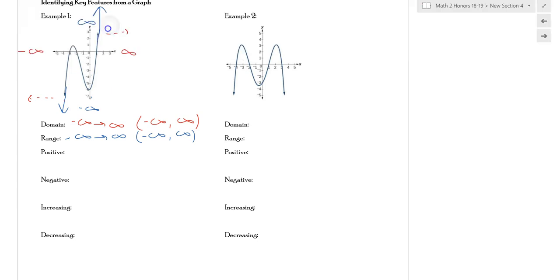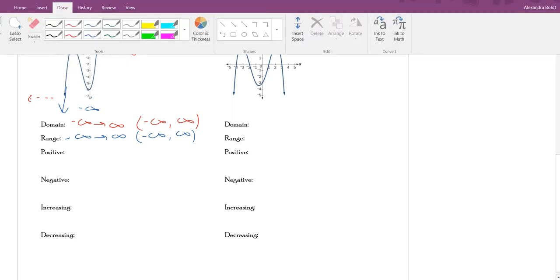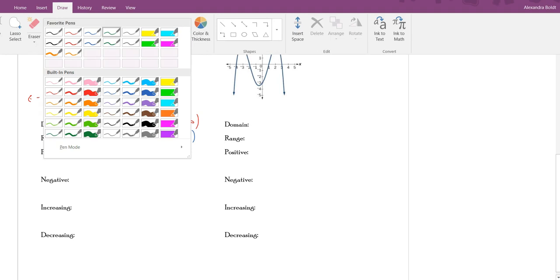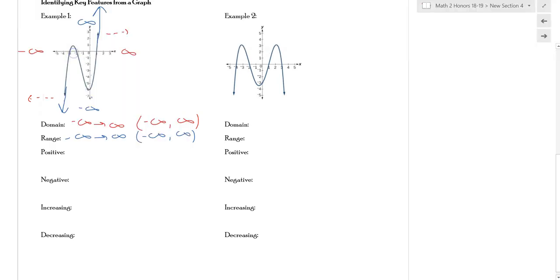The next thing we have is positive. So where is it above the x-axis? We have to kind of use our x-intercept. So I always start at negative infinity to our first x-intercept. Okay, so from drawing a line through that first x-intercept, this part of the graph is below.